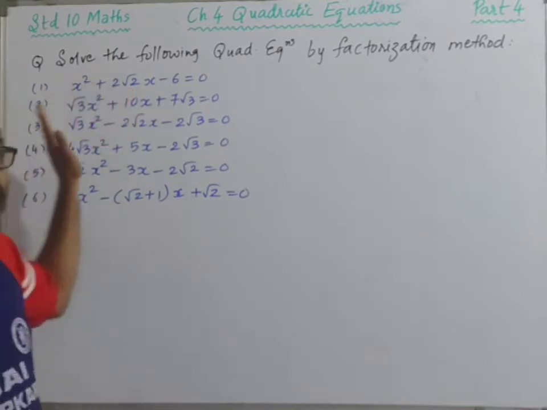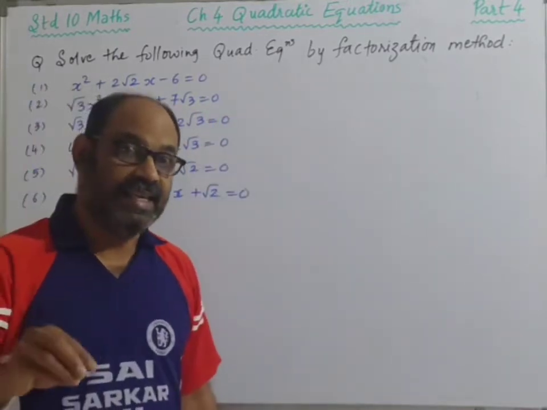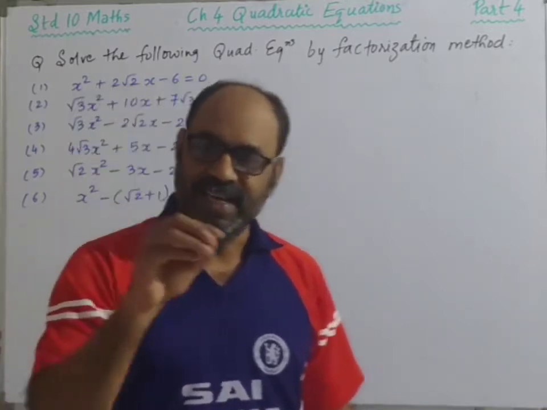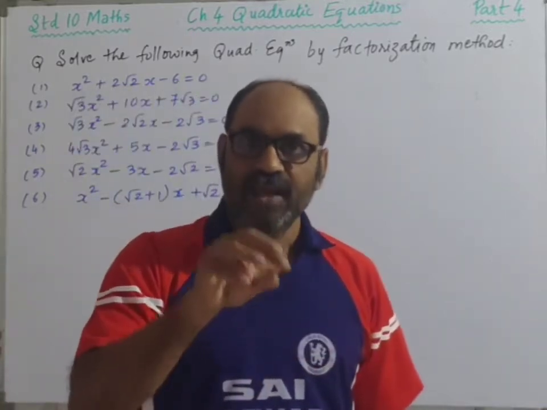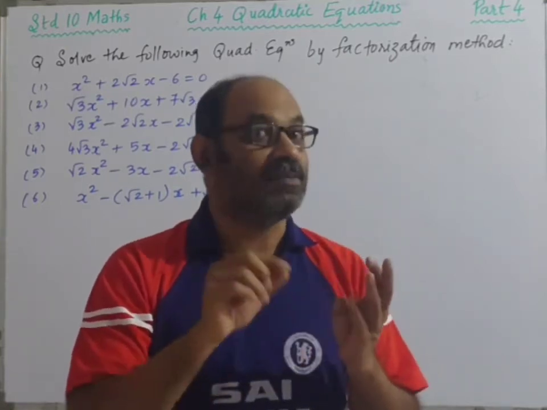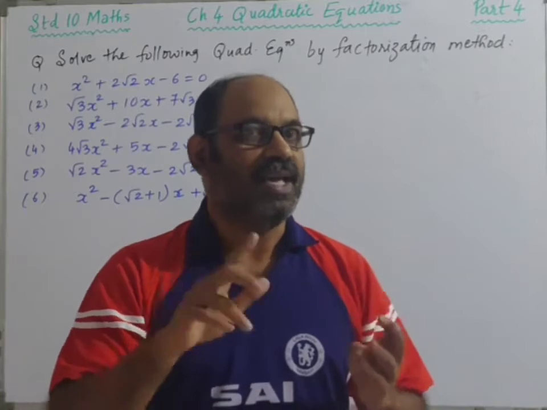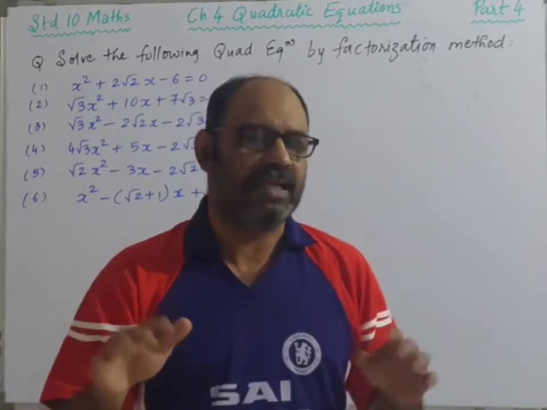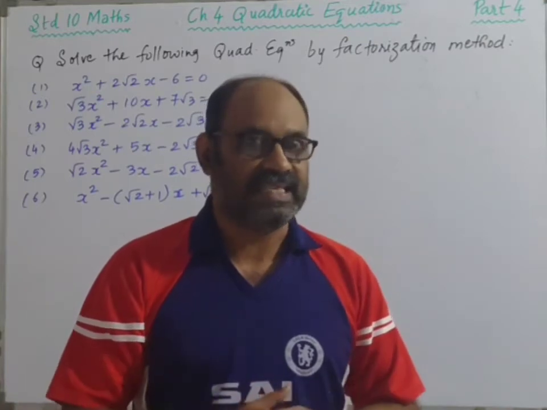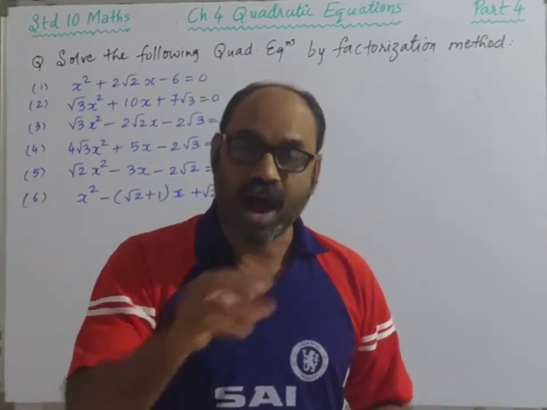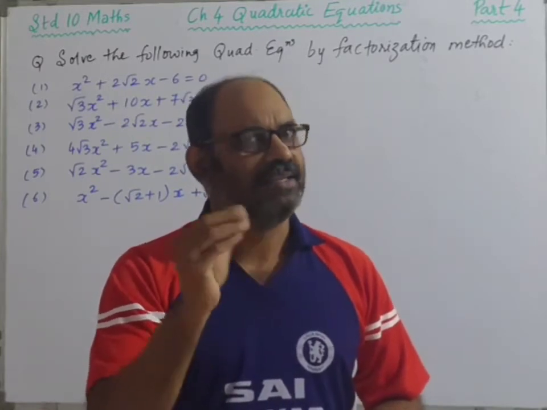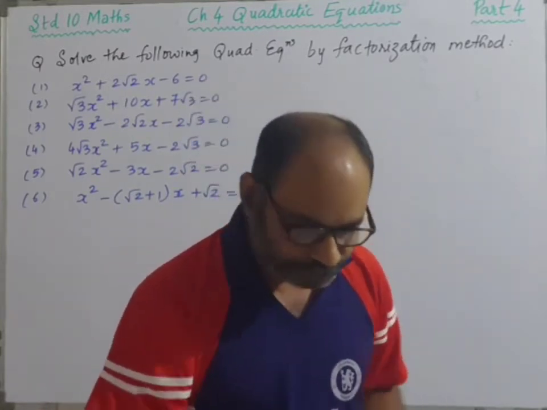So these are quadratic equations in irrational numbers, where some of the coefficients, either a, b or c, any one or two or all three of a, b and c, may be irrational numbers. So how to solve them? Be careful, there is a slightly different trick to solve them.